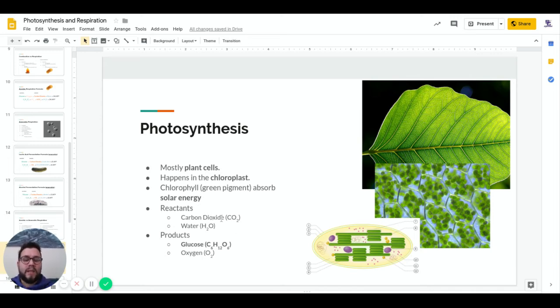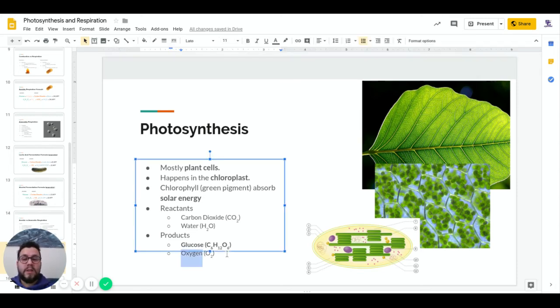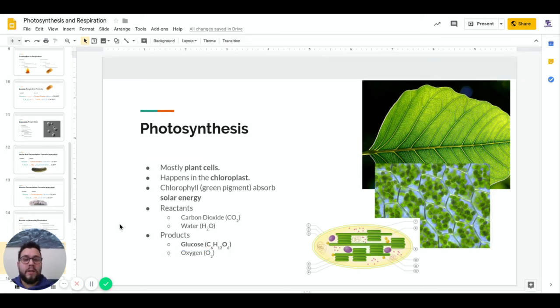So by taking in carbon dioxide and water from their environment, they can make the glucose that can then be processed in respiration to make ATP. So they're making the food so that they can make ATP for their cells. And a byproduct of this is oxygen, so they can make plenty of oxygen in this process that they can use and that we can use as well.